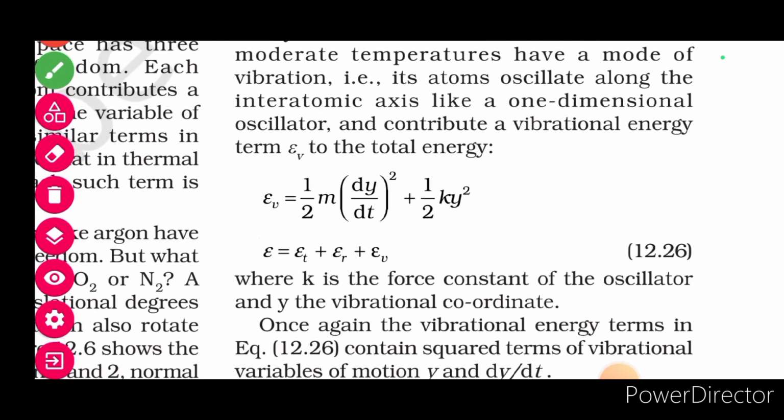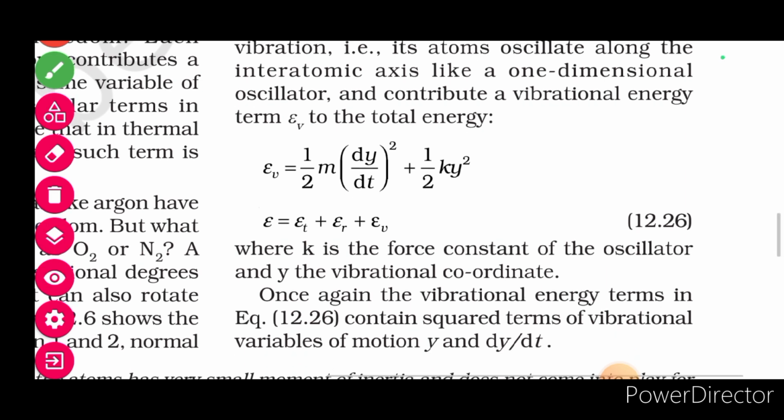So what we can do is just add these up. For high temperature, if the molecule is executing vibrational motion, the total energy will be the translational energy plus rotational energy plus vibrational energy. The vibrational energy is given by half m (dy/dt) whole square plus half k y square.